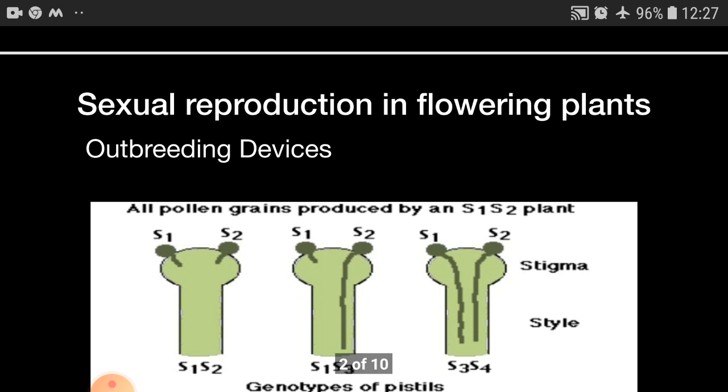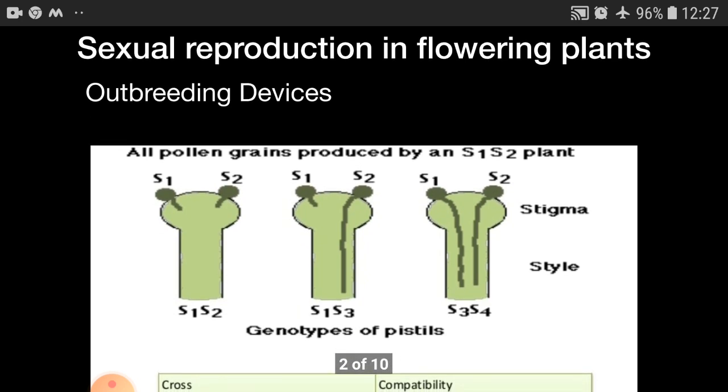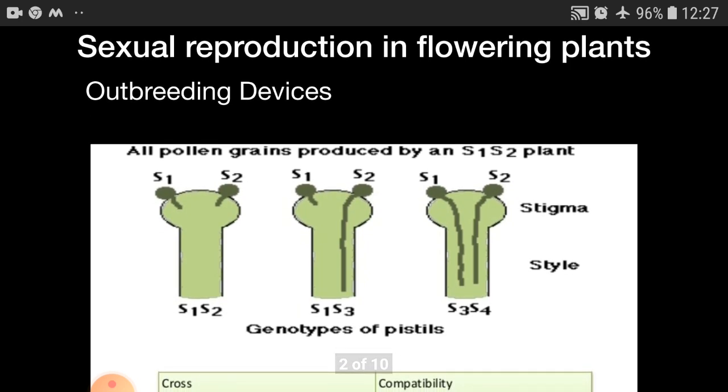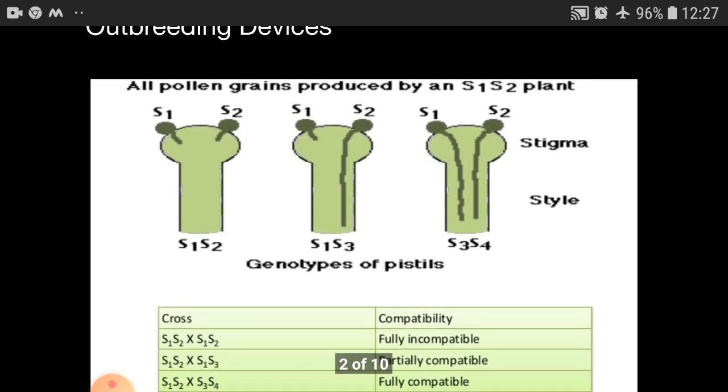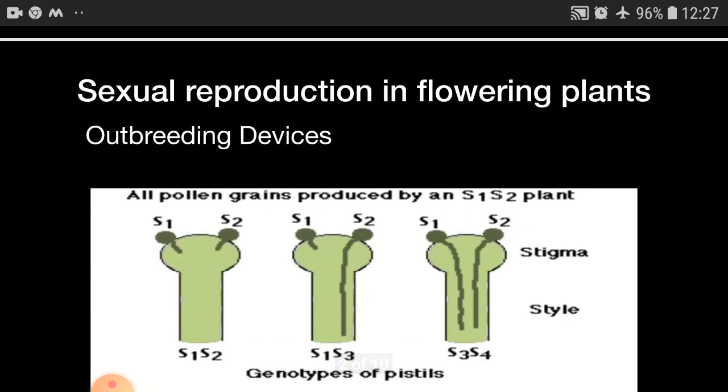Now, as you are well aware, most of the angiospermic plants possess the capability to inhibit germination of pollen grains and further growth of the pollen tube, so as to avoid inbreeding and to help the outbreeding.